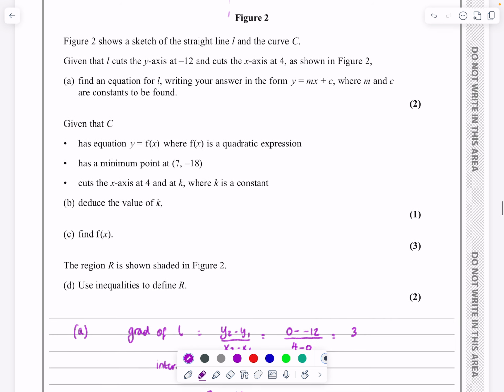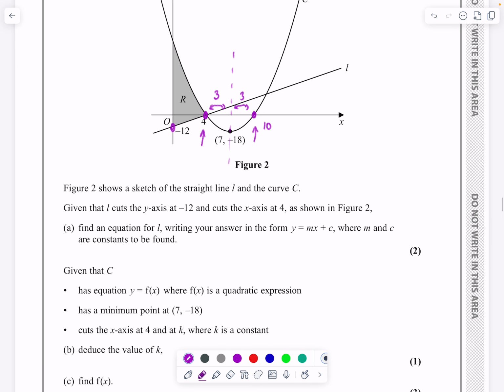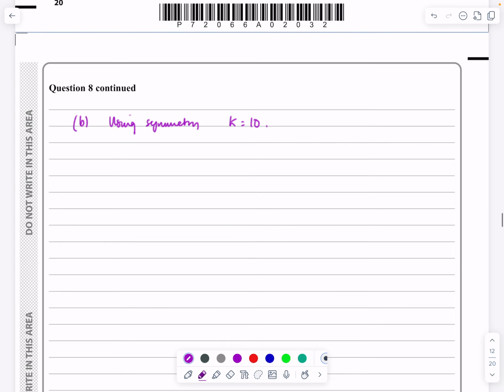And then part C says, can we find the function f(x), and we're going to use the idea that we know the minimum point here. If we know the minimum point is (7, -18), then when I'm trying to work out f(x), I know that can be written down as p(x plus q) squared plus r. Any quadratic can be written down like that, in effect a completing the square question.